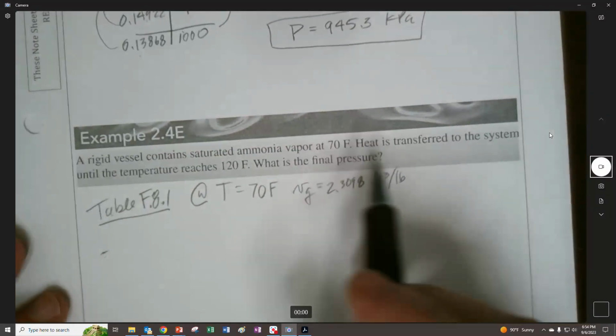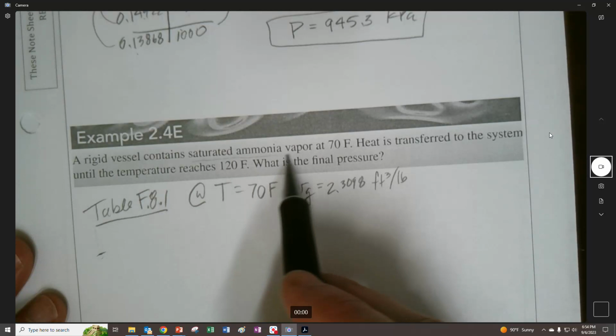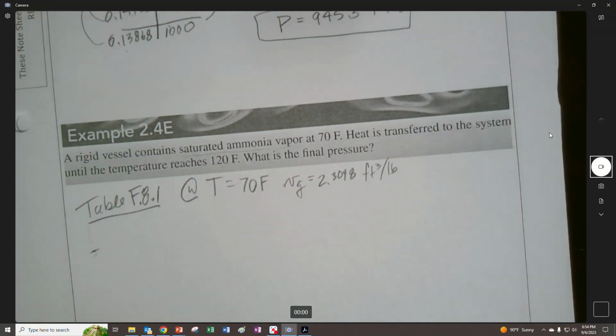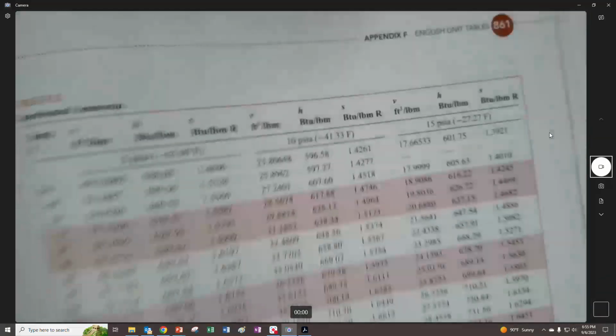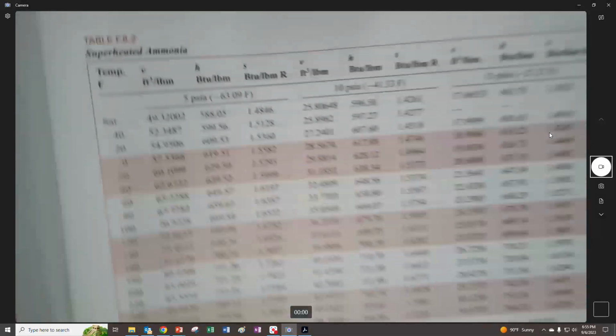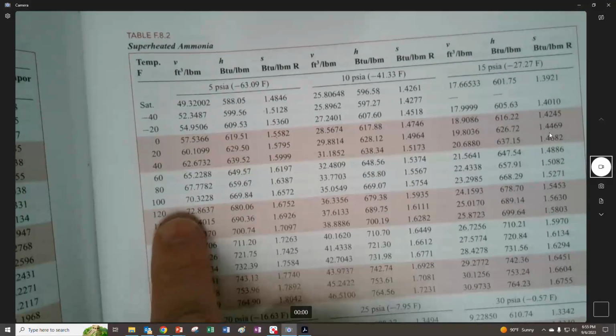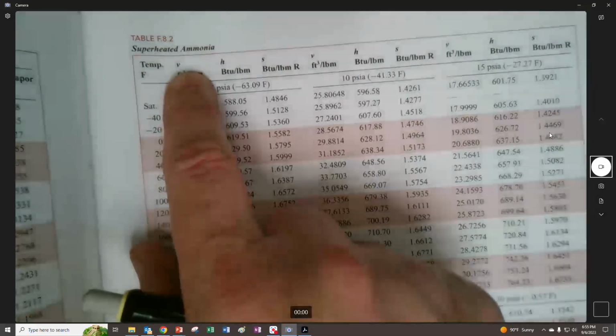All right, so that's at the saturated vapor, and then we heat that sucker until it goes to 120 degrees Fahrenheit. And of course, it doesn't have any choice but to have the same specific volume, because the volume doesn't change because it's rigid, and the mass doesn't change because mass don't change. All right, so we can start looking for this v.